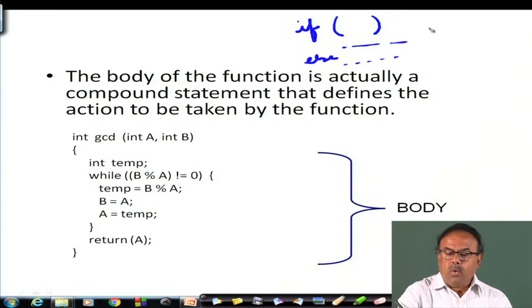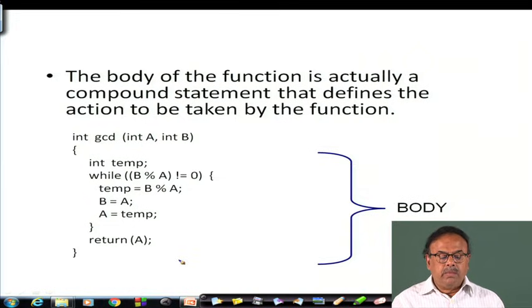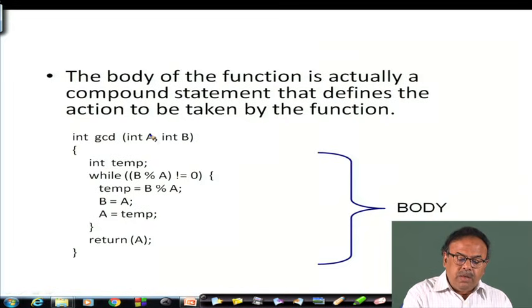So, now this whole thing is a compound statement. Similarly, here the entire body of the function can be assumed to be a complete compound statement, where we are passing on two arguments and it is giving us some value.